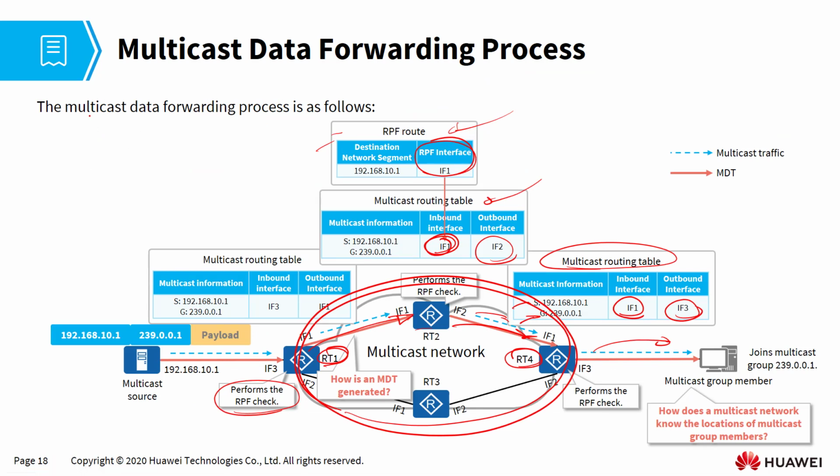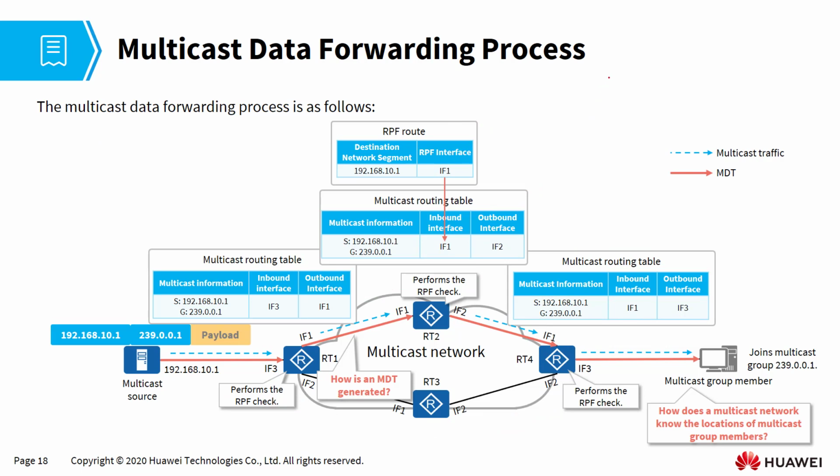We are going to use PIM, which is protocol independent multicast. We are going to use MBGP, which is multicast border gateway protocol, and we are going to use MSDP, which is multicast source discovery protocol.